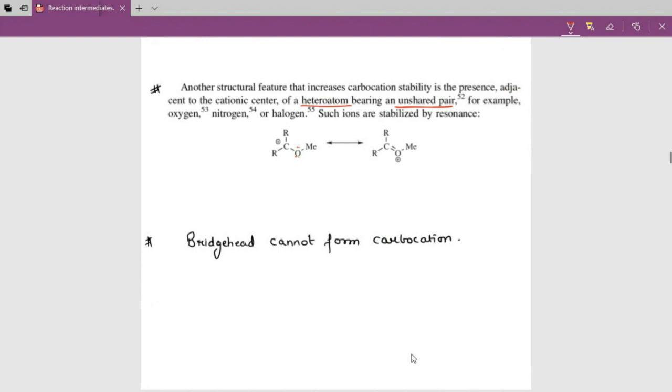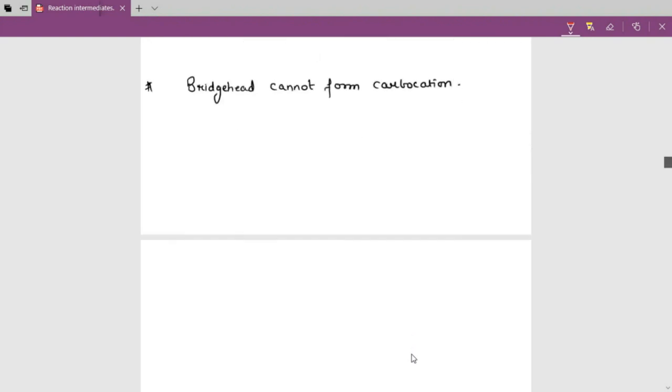If there is an unshared lone pair with C+, then due to this type of resonance, such carbocations are very stable. This results in complete octet carbocations, which brings them a lot of stability.